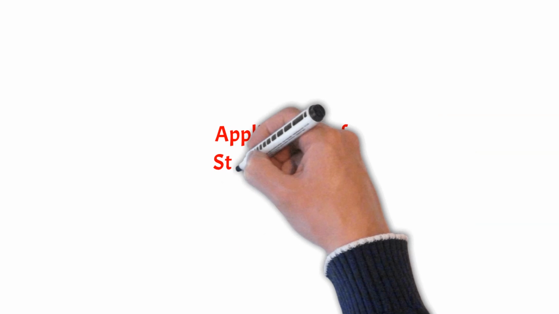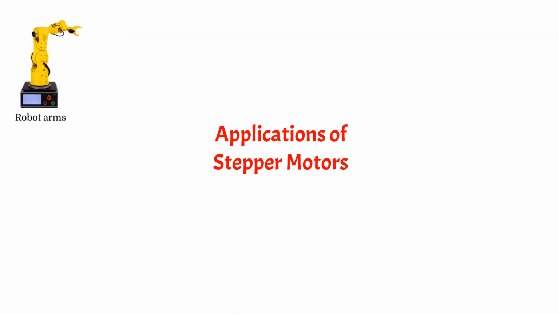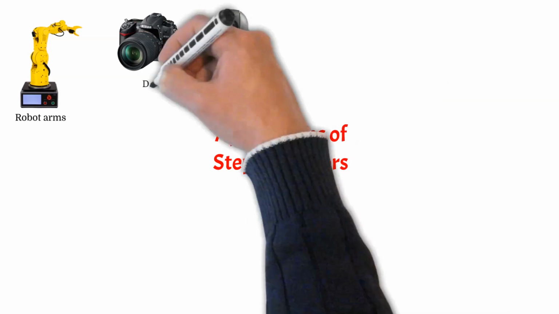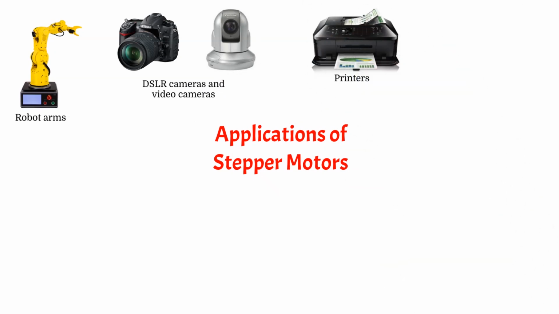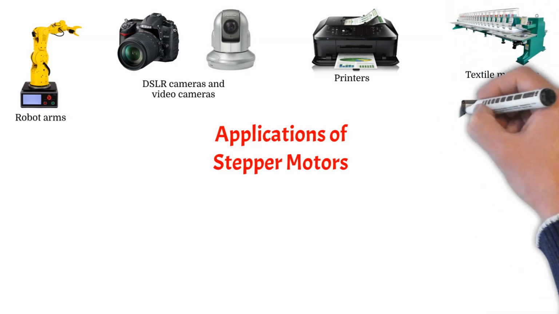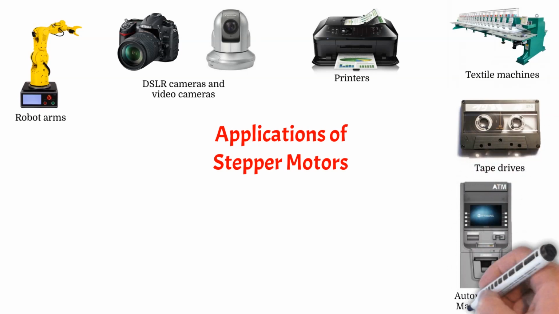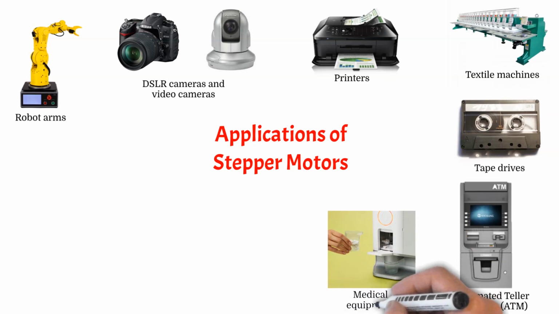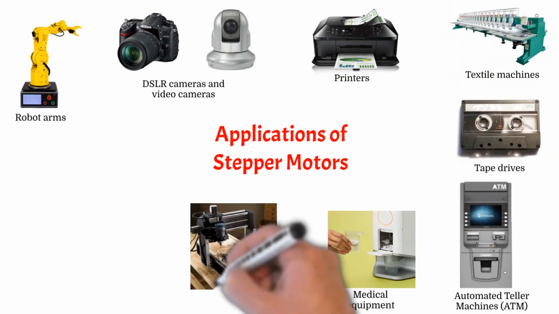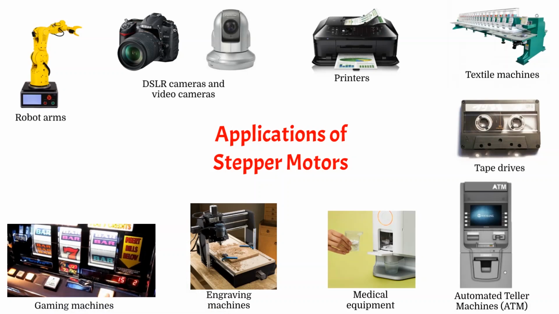Now, shall we have a quick look at some of the applications of stepper motors? They are used in robot arms, DSLR cameras for focus regulation, video cameras for focus, zoom and tilt functions, printers for printheads, paper feed and scan bar, textile machines, data storage tape drives, automated teller machines or ATMs for bill movement and tray elevators, medical industry for scanners, dispensing pumps, samplers and other machinery, engraving machines for XY table motion, gaming machines such as wheel spinners or card shufflers, spacecrafts and many more.